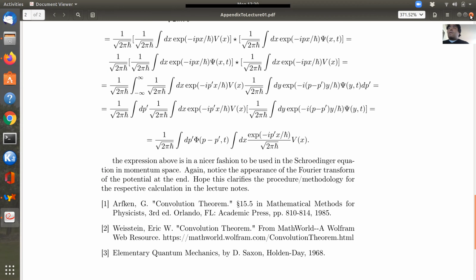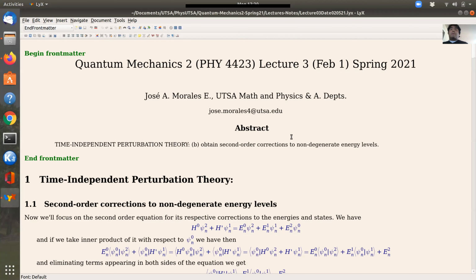Okay, so I'm going to continue with time-independent perturbation theory. And in this part, I'm going to focus on the second order corrections to energy levels that are not degenerate, okay? The theory is somewhat short.